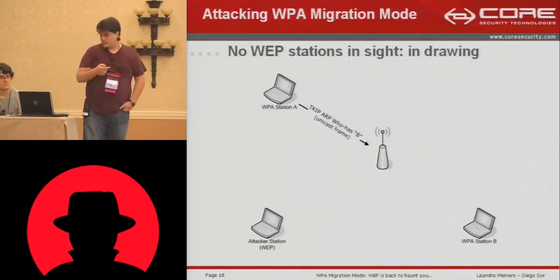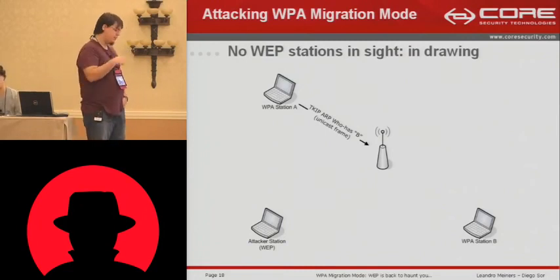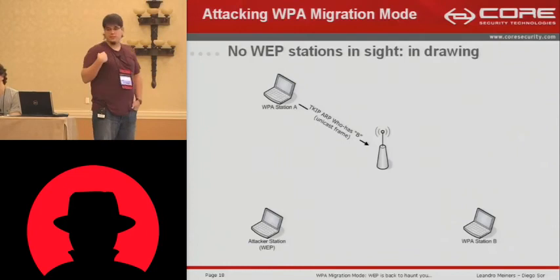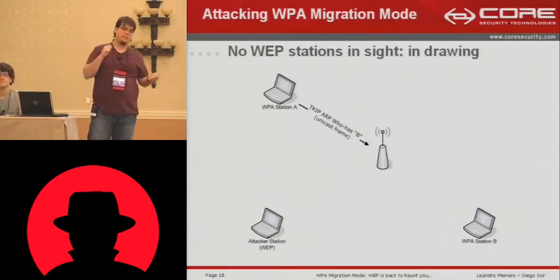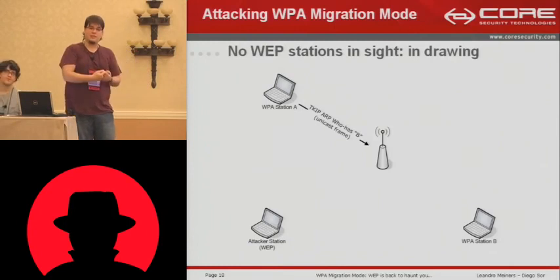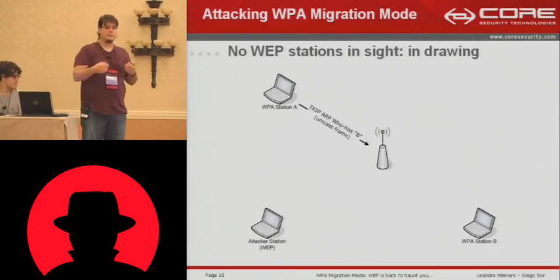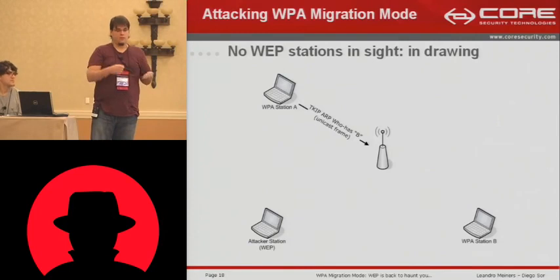Then station A sends an ARP frame, which is TKIP encrypted, because every time that a WPA station talks to the AP, even if it's sending broadcast traffic, it encrypts it with TKIP, or AES if it's using WPA2.